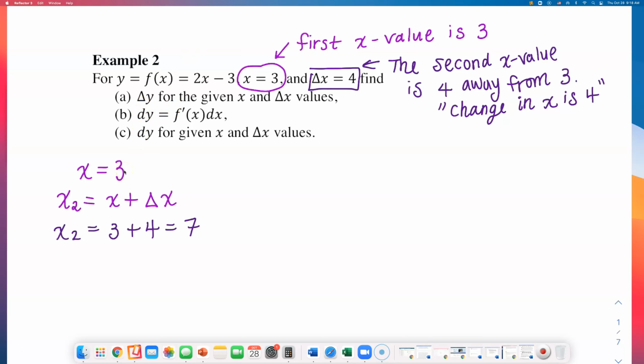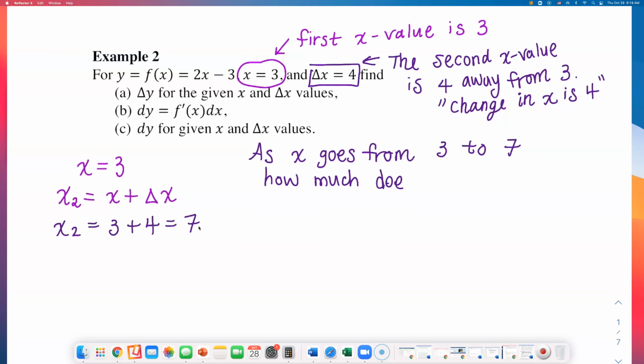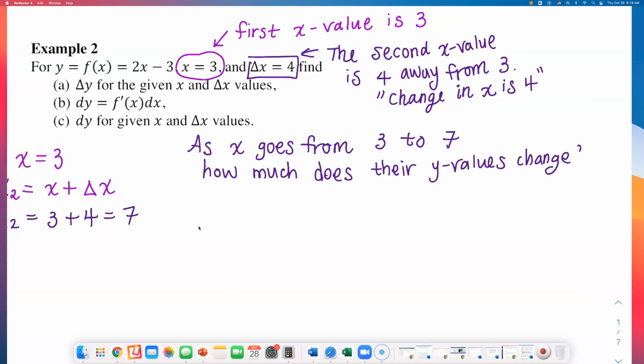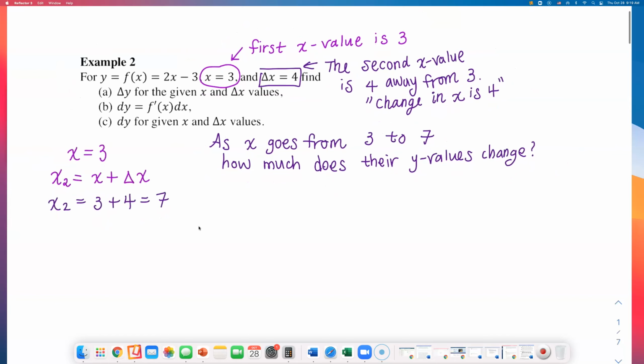As x goes from 3 to 7, the first x value to the next x value, how much does their y values change? That is what part A is asking.